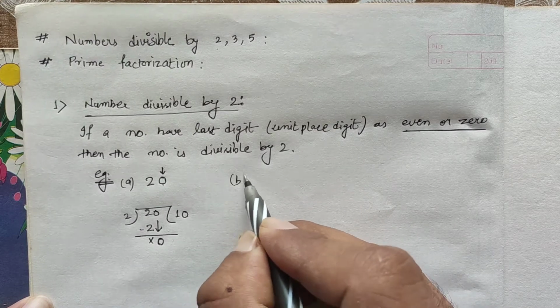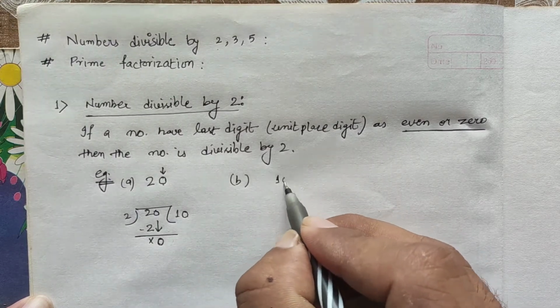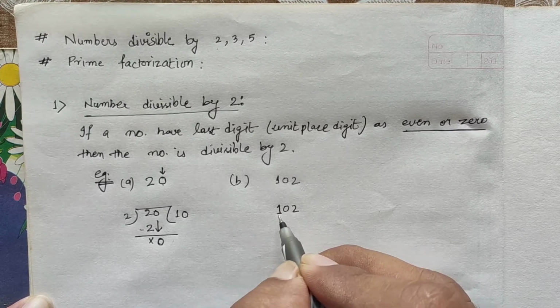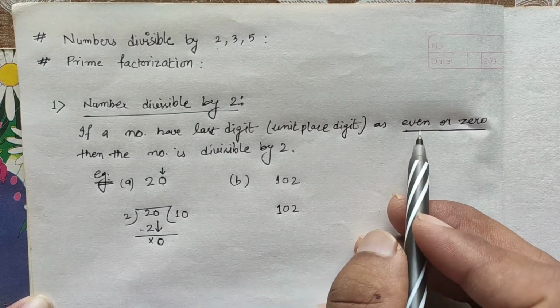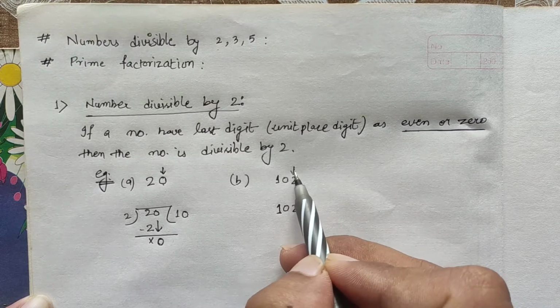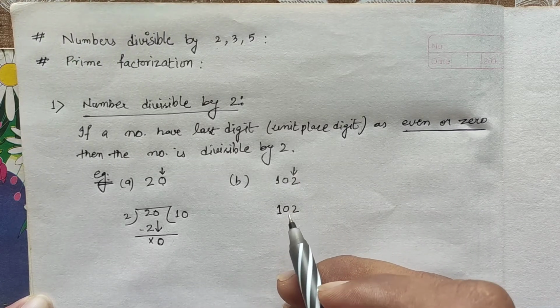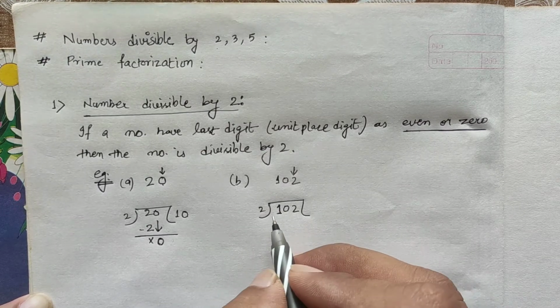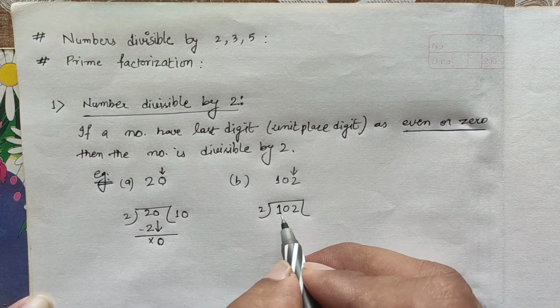Let's take another example, 102. Let's divide it and see whether it is divisible or not. As per our definition, the last digit is an even number, so it must be divisible. So let's check. There are some rules for division.